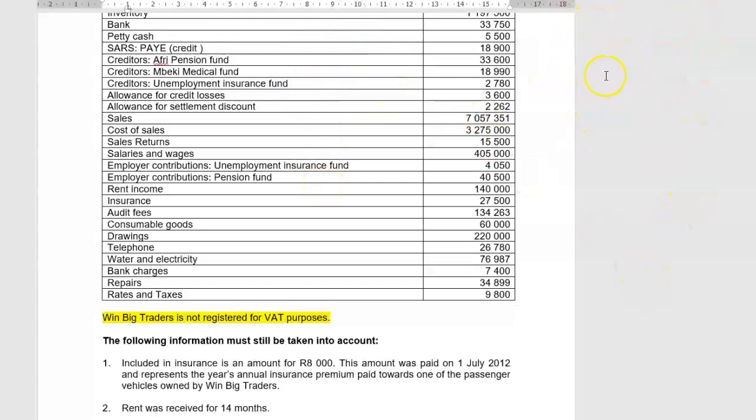Obviously, if some of your calculations is going to be a long calculation, you do not want to press it into this little space that you have here. Let's say, for instance, cost of sales is going to have quite an extensive calculation. You will just write note 1 or reference 1, and then underneath your income statement, reference 1, cost of sales, and then you're going to do the calculation.